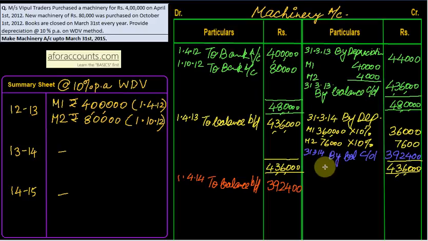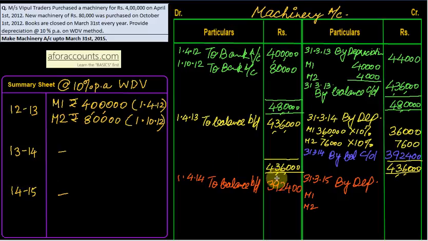So depreciation as on 31/3/15, by depreciation. How much? The written down value of machine 1 was 3,60,000 minus your 36,000, the previous year's depreciation. So that comes up to 3,24,000 for machine 1.